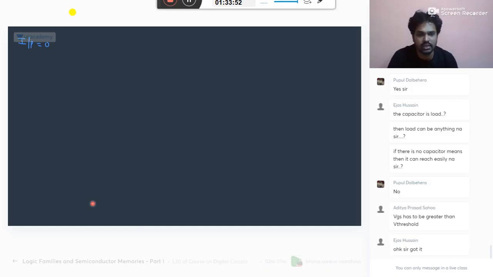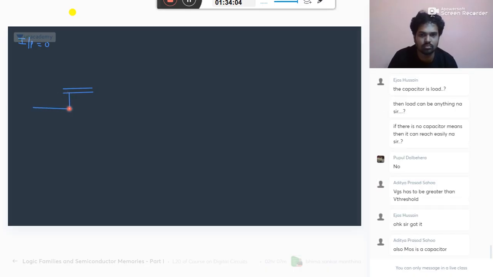So now, listen, the next one. MOS input is a capacitance. So output may be another MOS. It may be another gate, na?